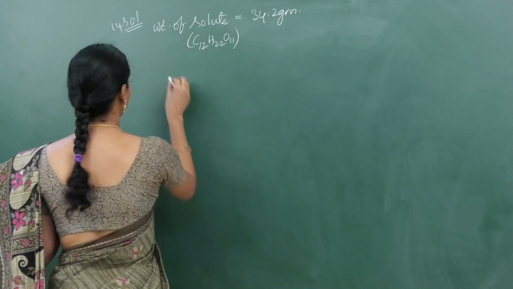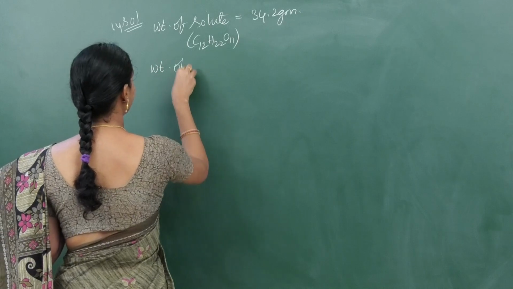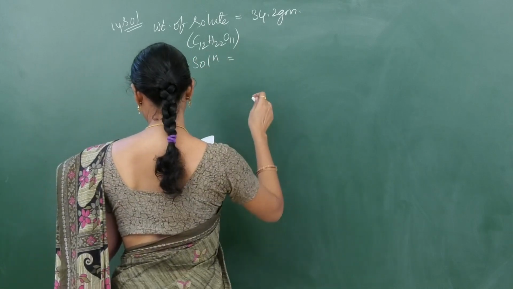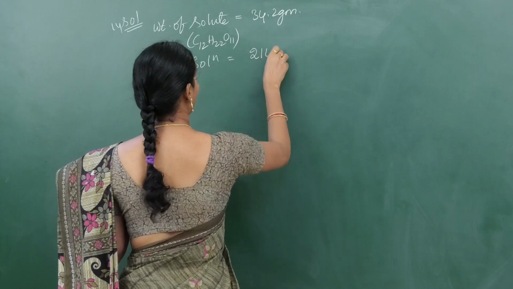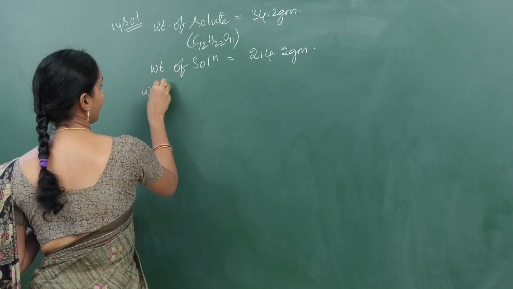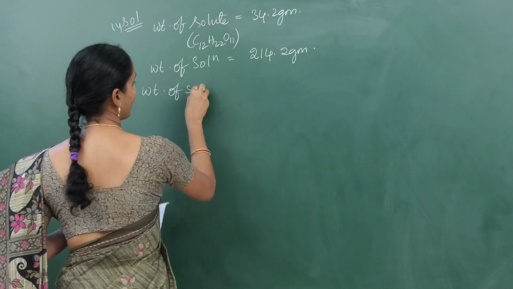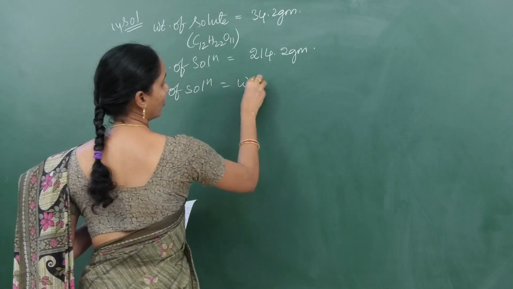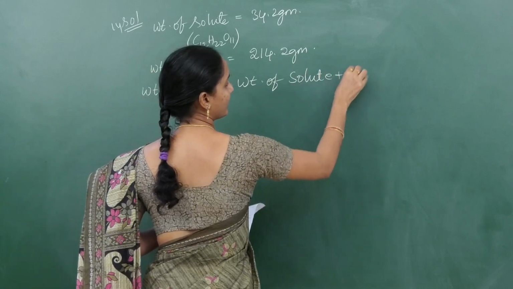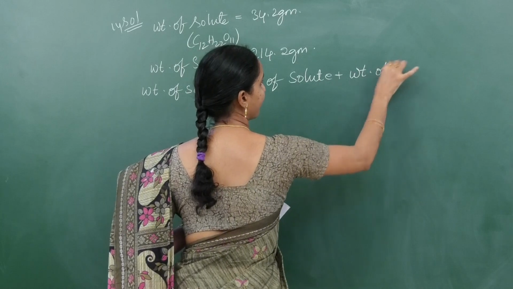And weight of solution is also given. How much it is given? 214.2 grams, children. Now from this we can calculate weight of solution is equal to weight of solute plus weight of solvent, children.